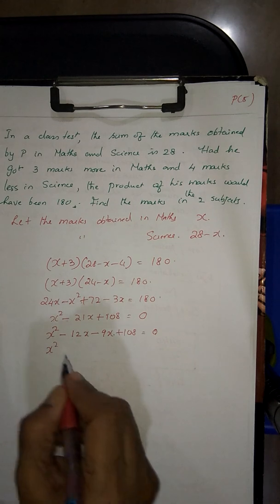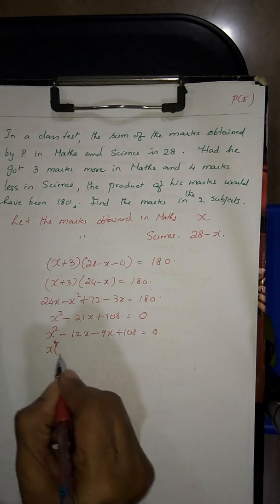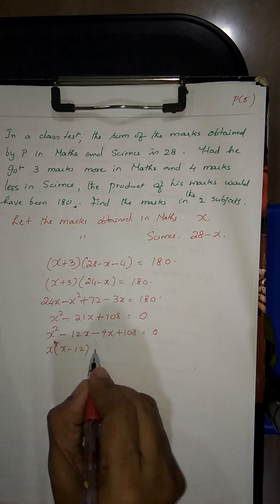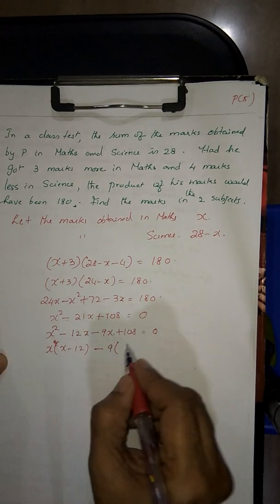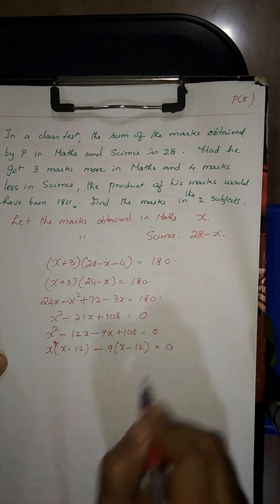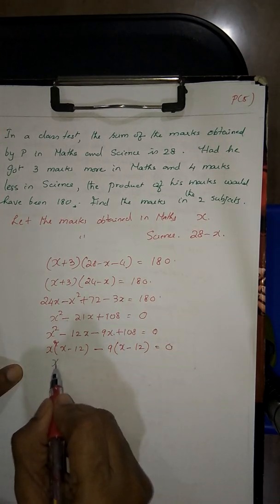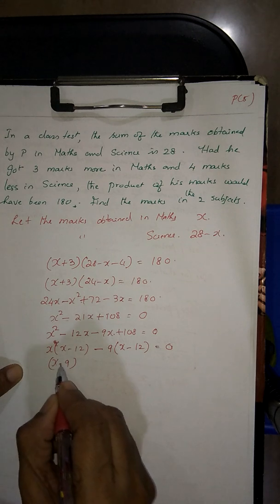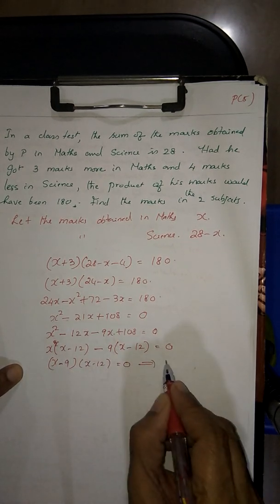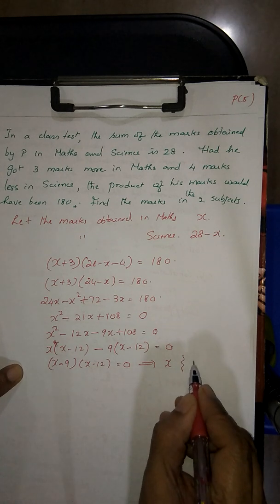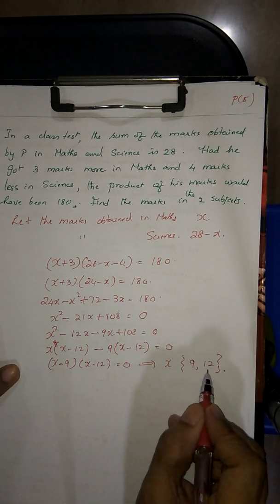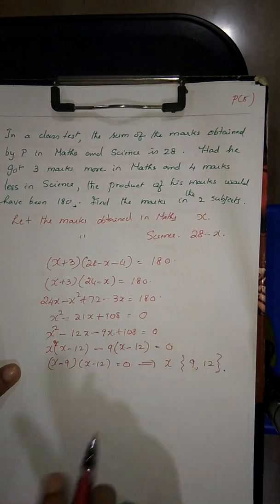So x into x minus 12 minus 9 into x minus 12 is equal to 0. So x minus 9 into x minus 12 is equal to 0, which gives x is equal to 9 and 12. Since both are positive, we have to consider both the values.